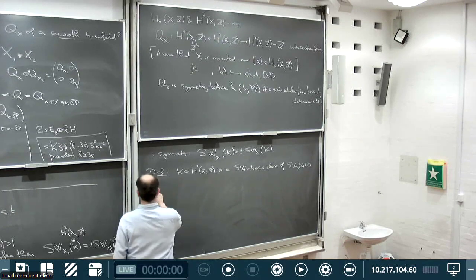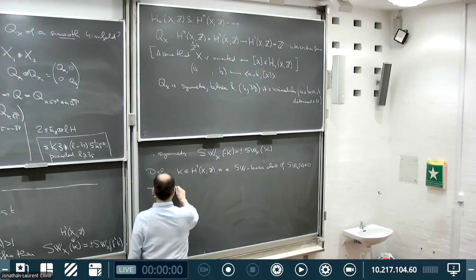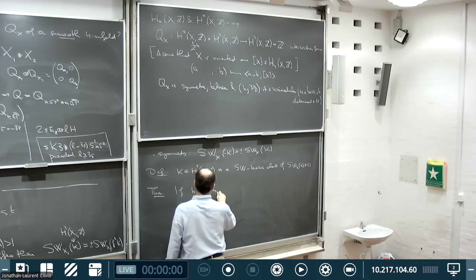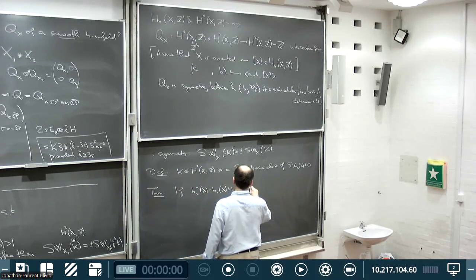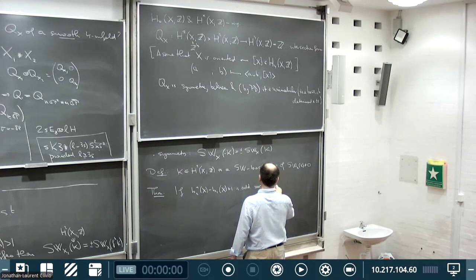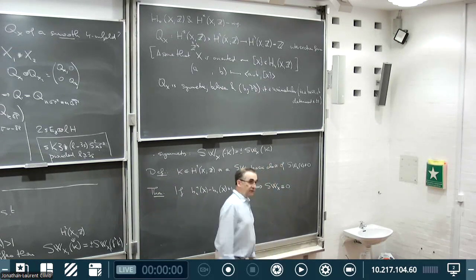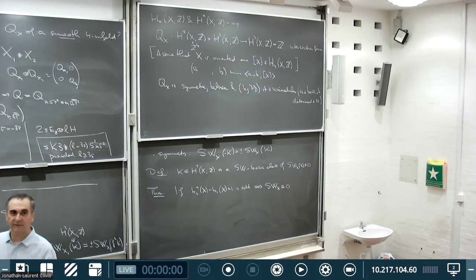And here is a theorem, and I'm sure some of these steps will be proved. If b2 plus of X minus b1 of X plus 1 is odd, then Seiberg-Witten of X is constant 0. So this immediately shows that the invariants themselves have quite some limitations.